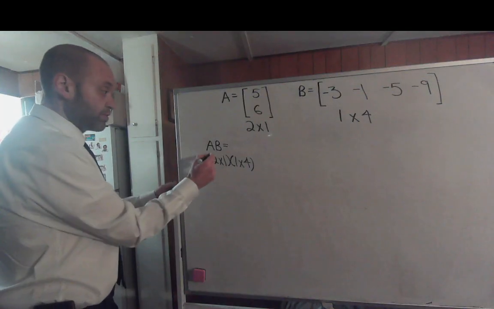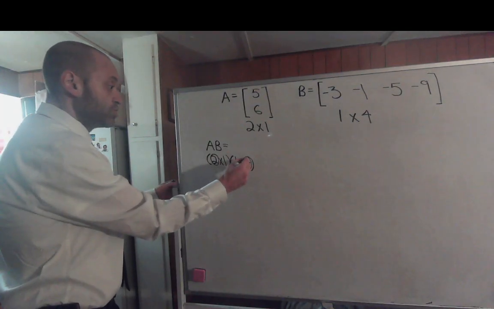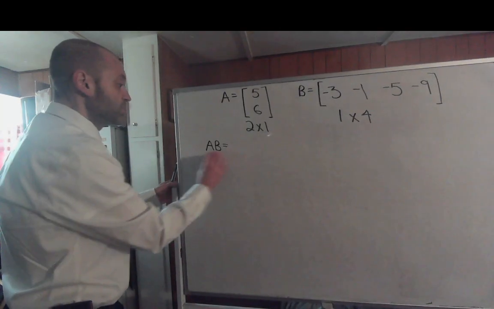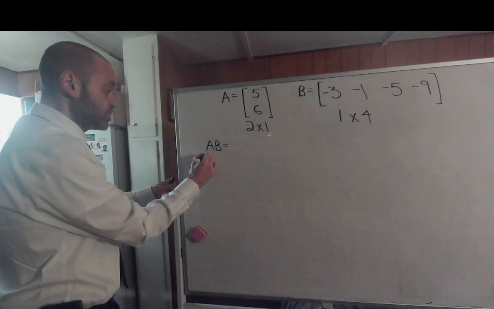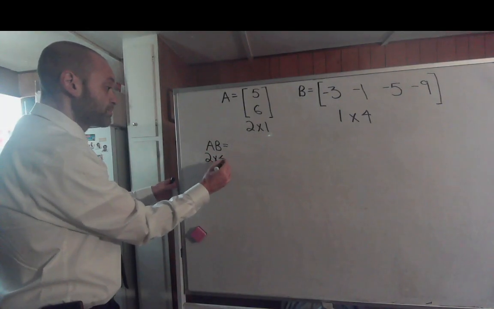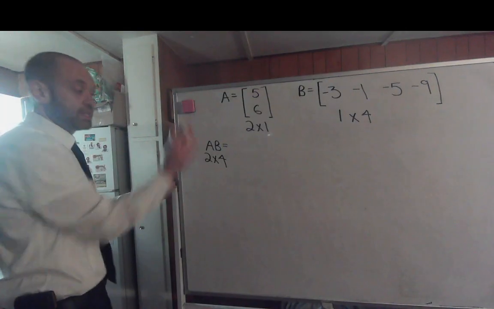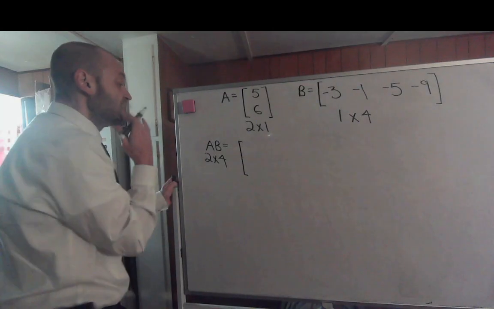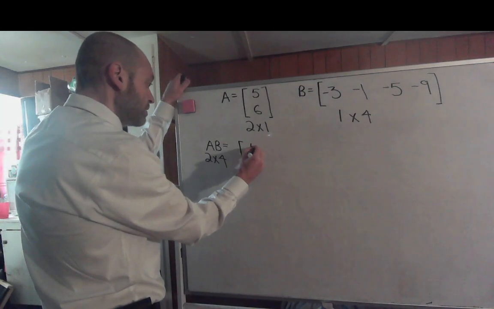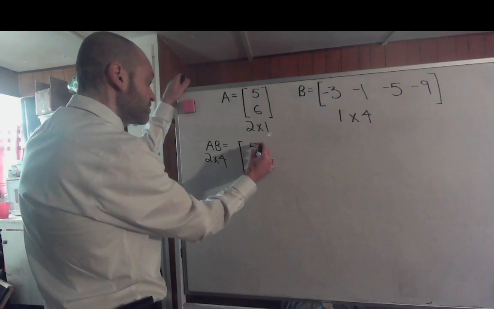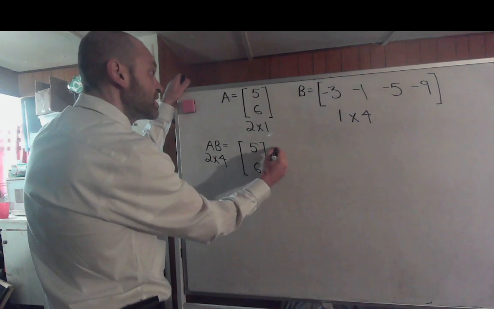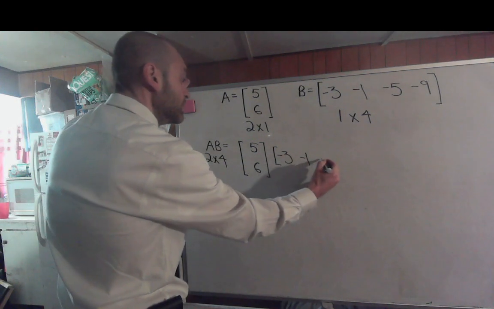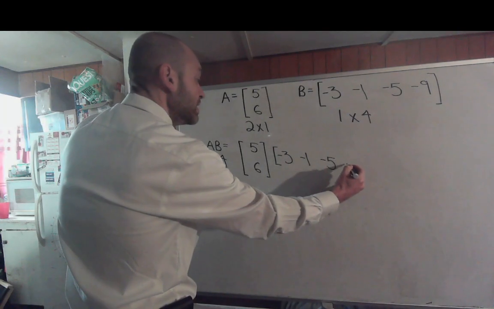That means our result should actually end up being a 2 by 4 matrix. So we've determined that matrix AB is going to be a 2 by 4 matrix. So let's write these matrices side by side, and we will do the multiplication. 5, 6 times -3, -1, -5, and -9.